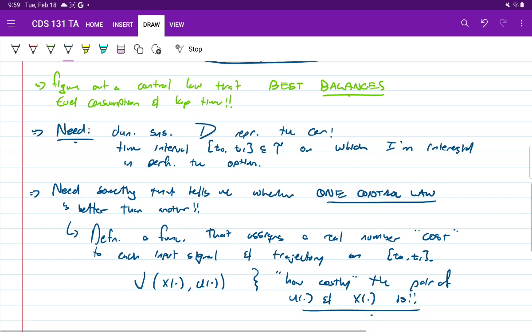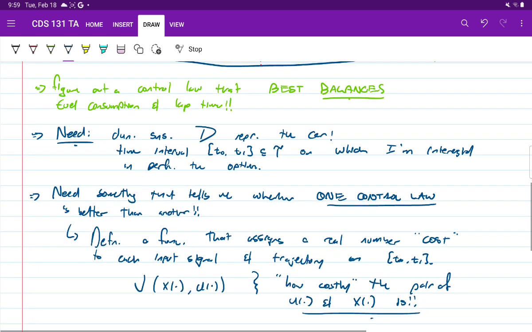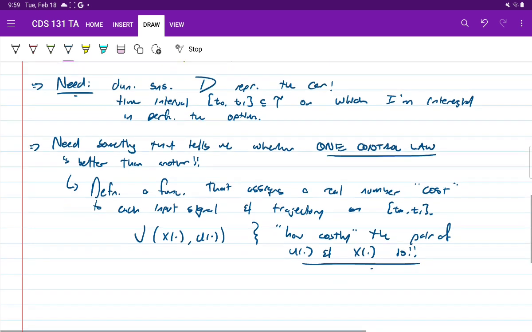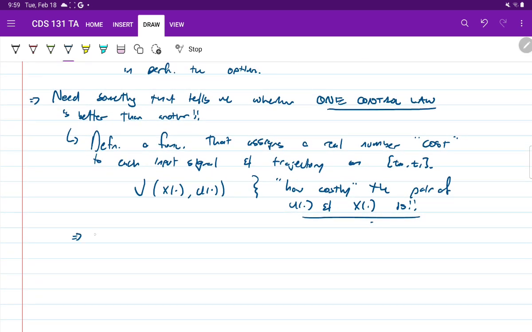And basically what this cost function is doing is telling me, okay, if I take this trajectory, how much will this cost me? If I take this trajectory, how much will this cost me? So on and so forth, right? So the main idea, what we want to do, is minimize the cost. Okay?